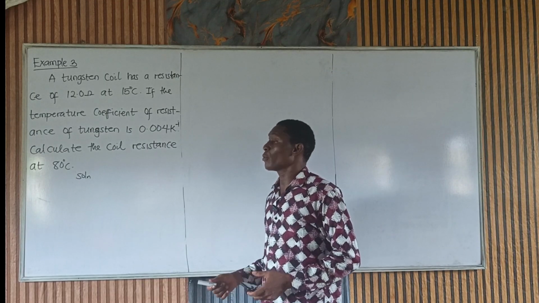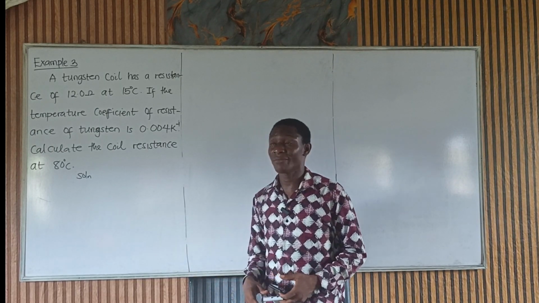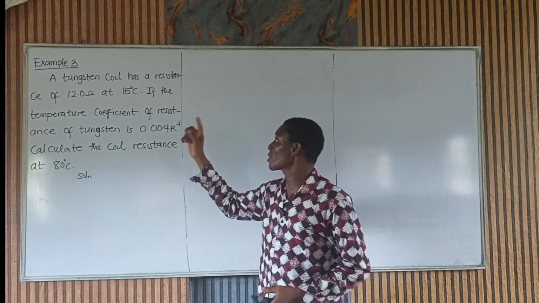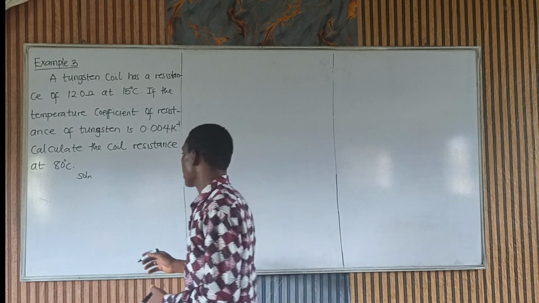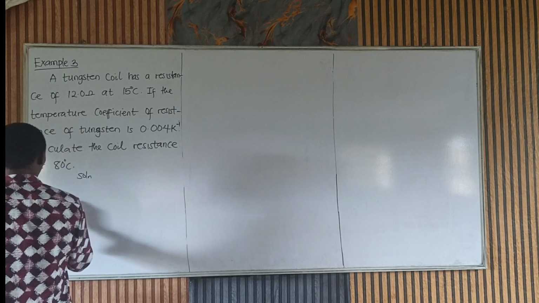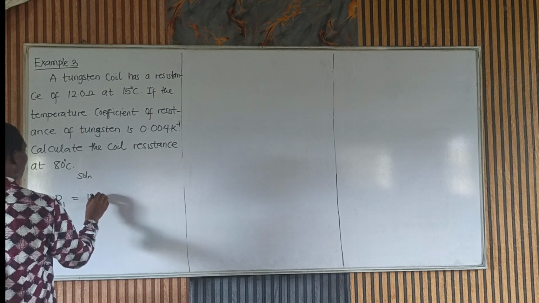So let's have a question where our resistance at 0 degrees C is not given. So look at this question. A tungsten coil has a resistance of 12 ohm at 15 degrees C. And so that is, I called my R1, that is 12.0 ohm.